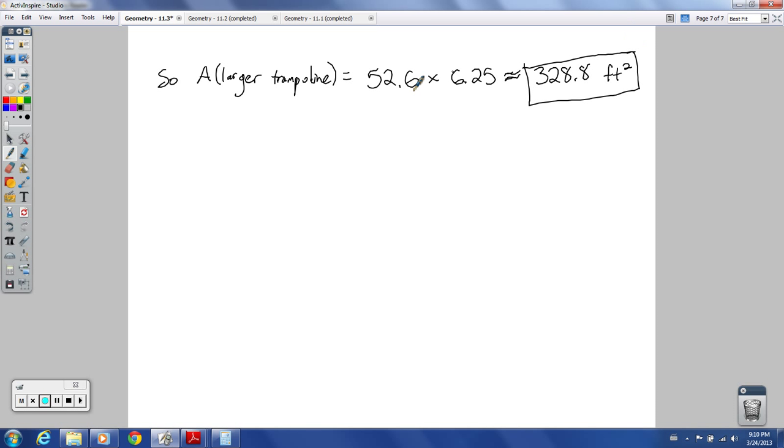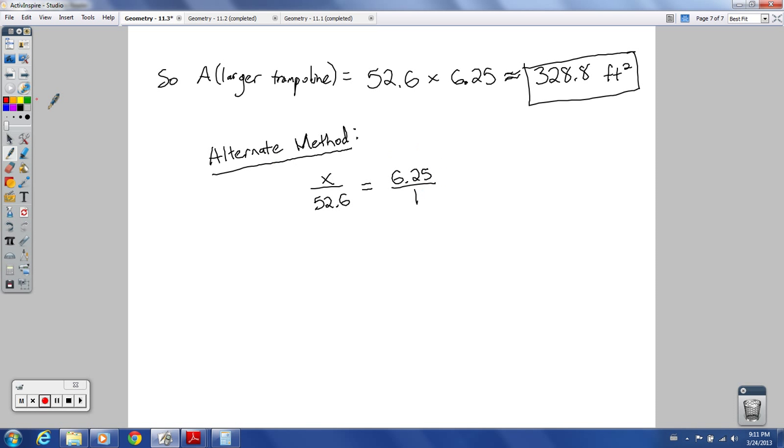And then lastly, I want to put that alternate method. If we'd have used the 5 over 2 instead, I definitely think this would have been the way to go. Since I did figure out how many times bigger it was in terms of a decimal in this case, I think this worked out pretty nicely. But we could also say that the bigger area compared to the smaller area, x compared to 52.6, would have to equal the bigger area to the smaller area ratio.